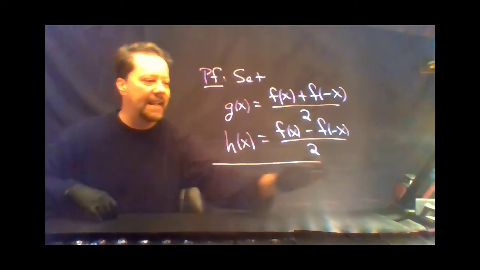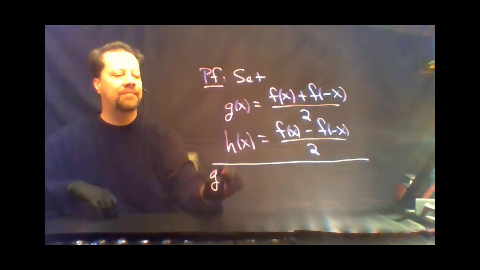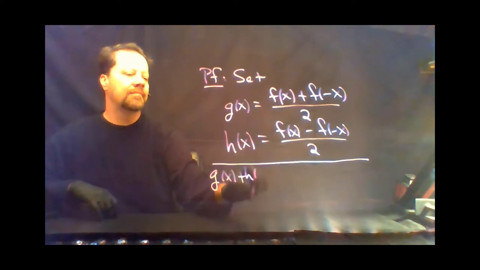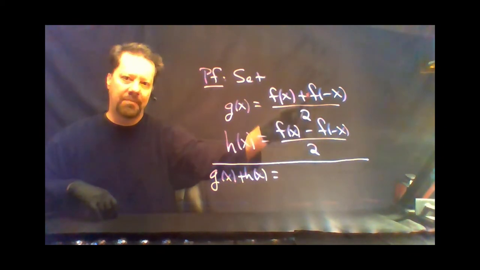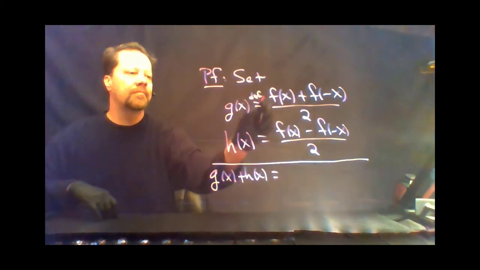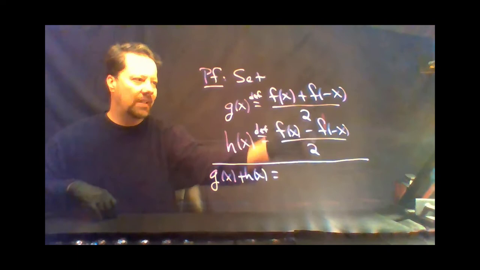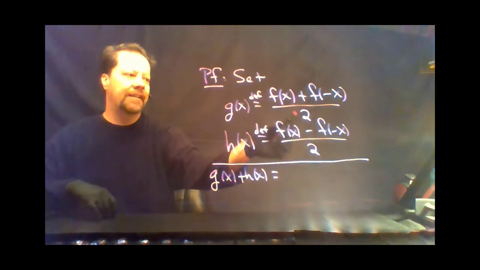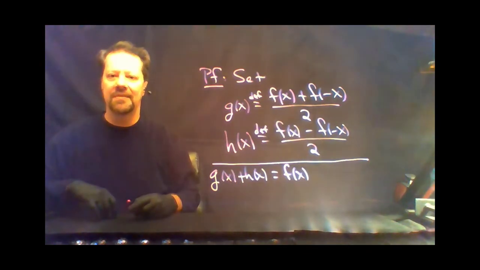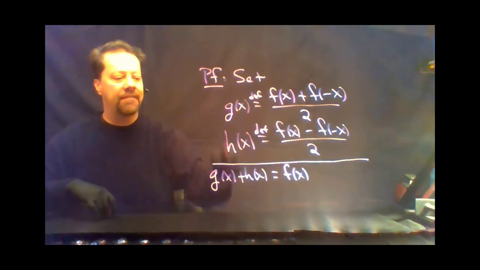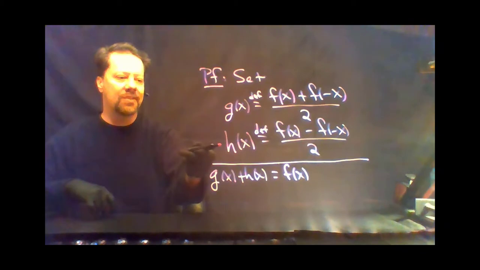It's easy to know that if you add these two, the second terms in each part will cancel out. We'll have f of x over 2 plus f of x over 2. That adds up to f of x. So every function f can be decomposed in this way.